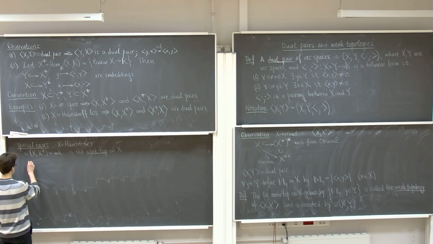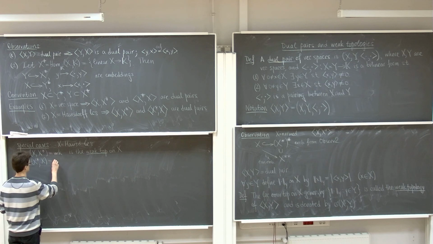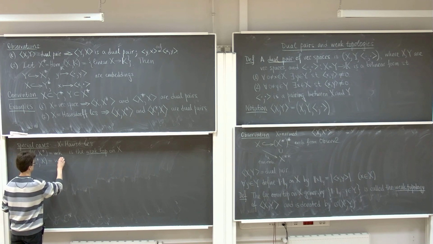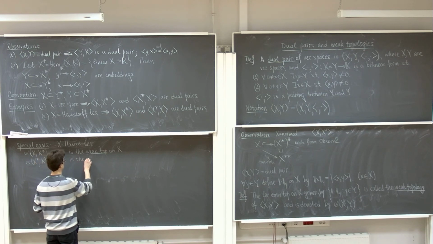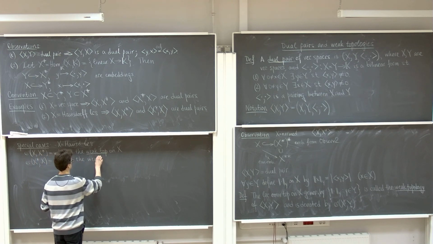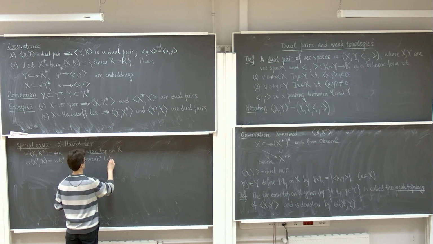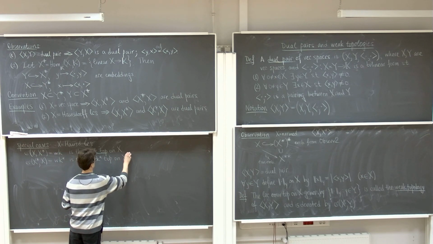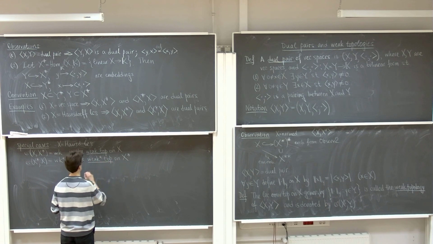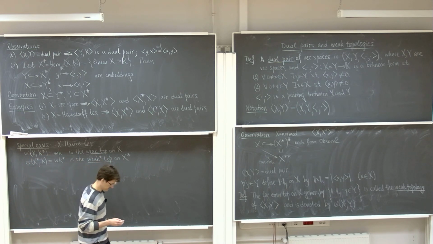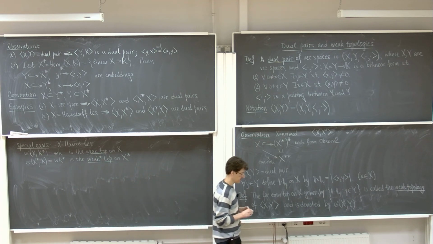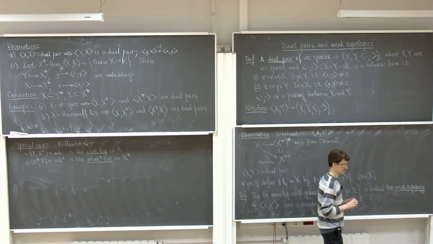And if we interchange now X star and X, then the respective weak topology on X star is called the weak star topology and is denoted like this. This topology is called the weak star topology on X star. We put the star here to avoid confusion, which can appear in the case where X is a normed space.